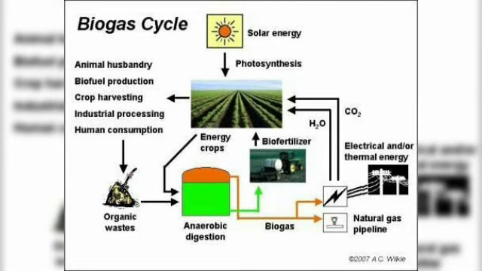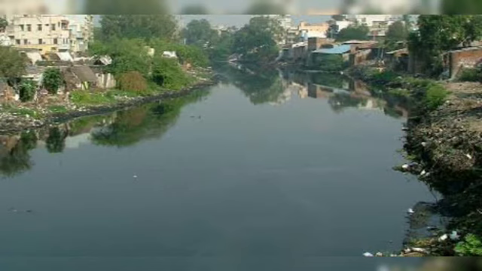Suppose you are not going to treat this water, what will happen? The whole area will be polluted. Then you will have diseases, and that particular area will become not a favorable place for living.